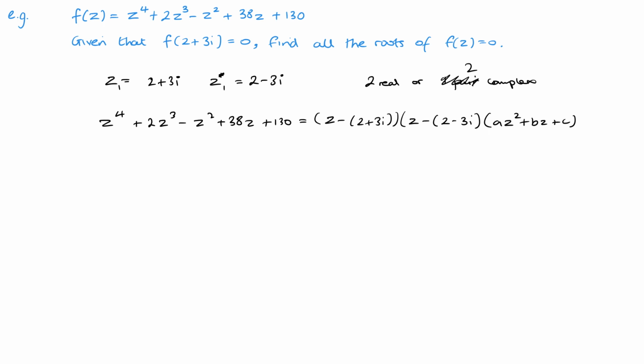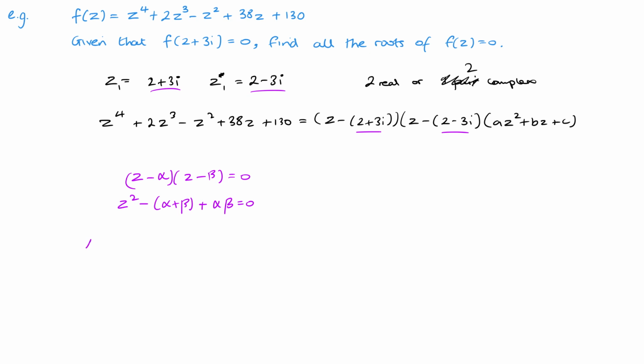Alternatively, if you remember from the previous video, we can use alpha and beta. If I pop this up in purple now, z minus alpha times z minus beta equals 0, and this would be z^2 minus (alpha plus beta) z plus alpha times beta. So if you think of one of these being alpha and one being beta, this can make your life quite a lot easier.